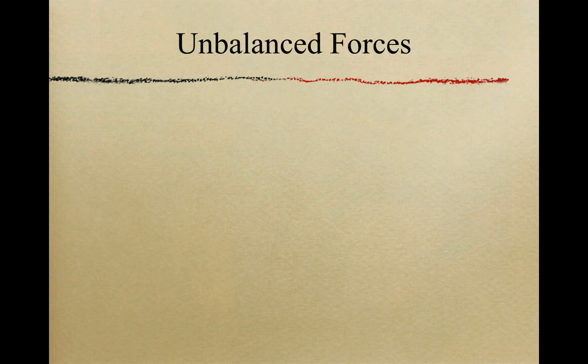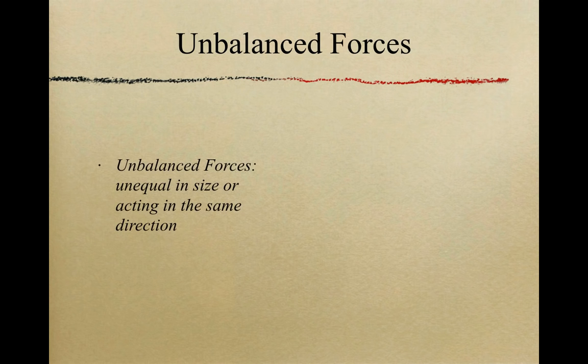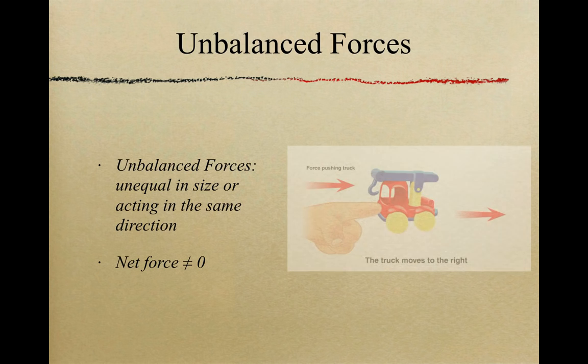Second type of force is unbalanced forces. Okay, unbalanced forces have two scenarios. They can be unequal in size, or they can be acting in the same direction. In unbalanced forces, when we add them all up, they do not equal 0.